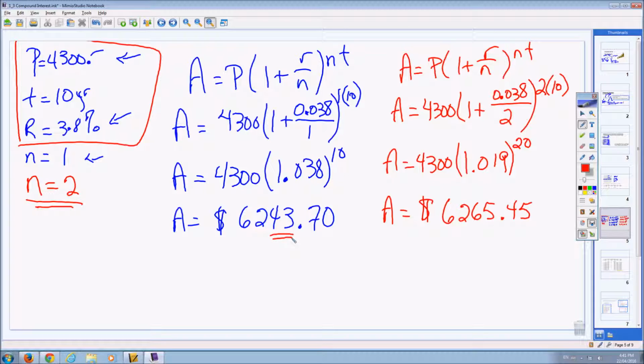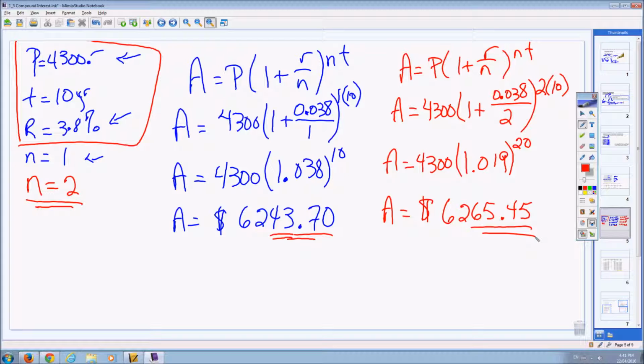She had earned $6,243.70 in the annual compounding, and she's earned $6,265.45 in semi-annually compounding it. So about $19 more, not quite $20 more. So that's a benefit, not huge, but every cent that's in our pocket instead of the banks or corporations is what we're looking for.